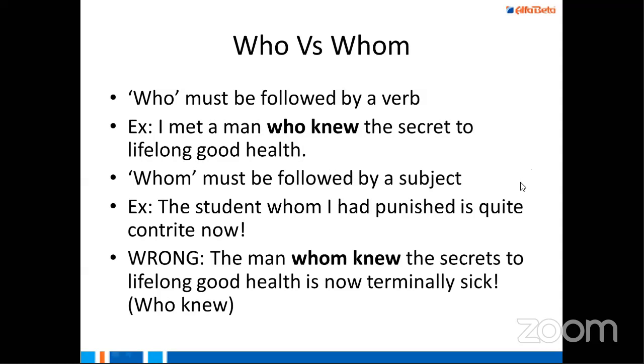This is a very common error, who versus whom. And it's tested on tests like the GMAT and the SATs. Whom can never be followed by a verb, only who can be followed by a verb. Whom must be followed by a subject.